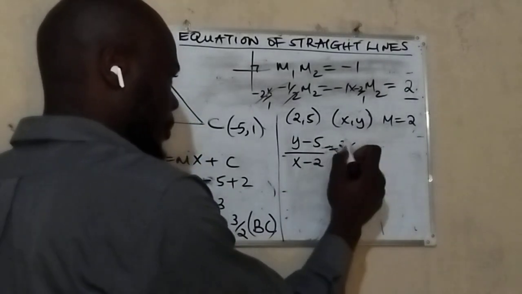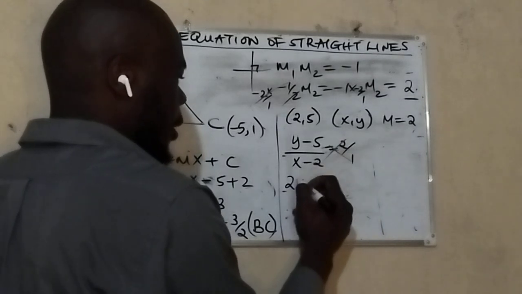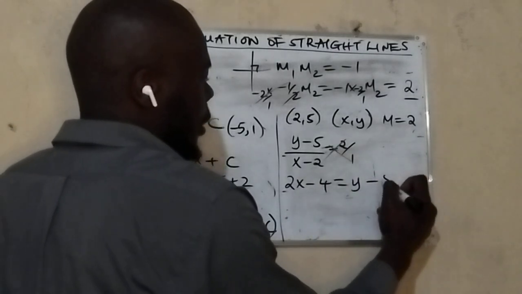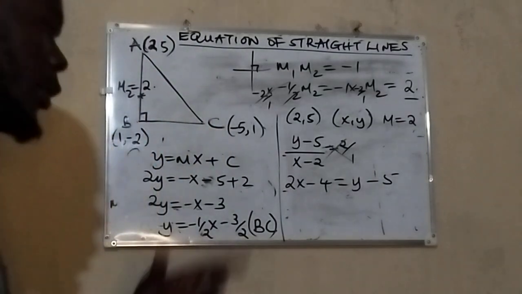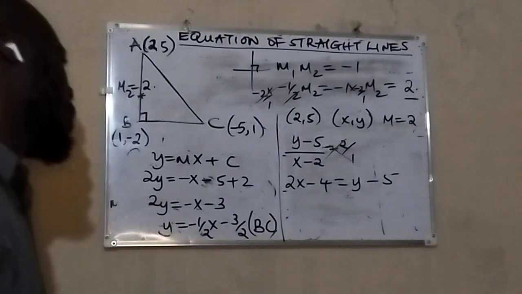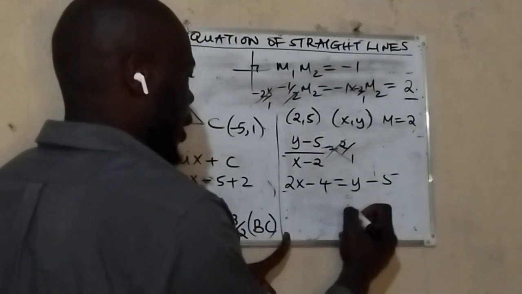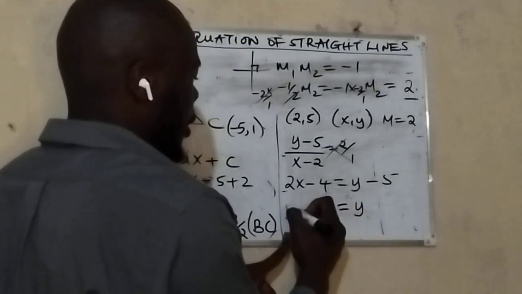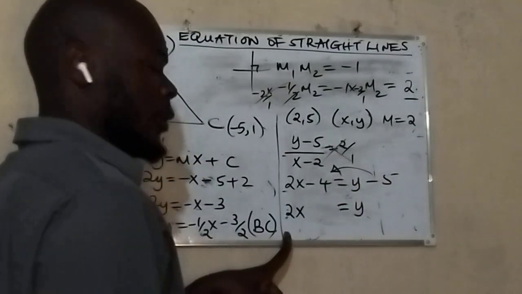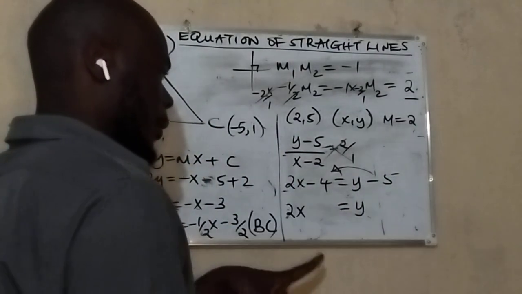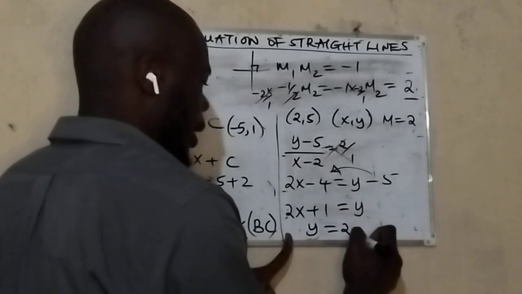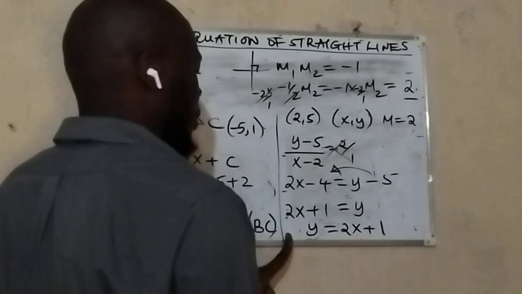Cross multiply, so you have 2x minus 4 is equal to y minus 5. Rewrite in the form y is equal to mx plus c: y is equal to 2x, and -5 to this side gives +5. So -4 plus 5 gets +1. So the equation is y is equal to 2x plus 1.